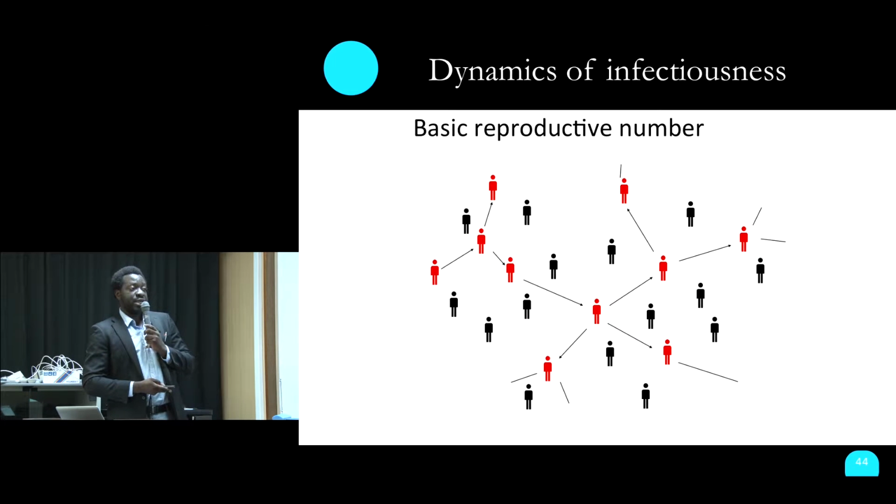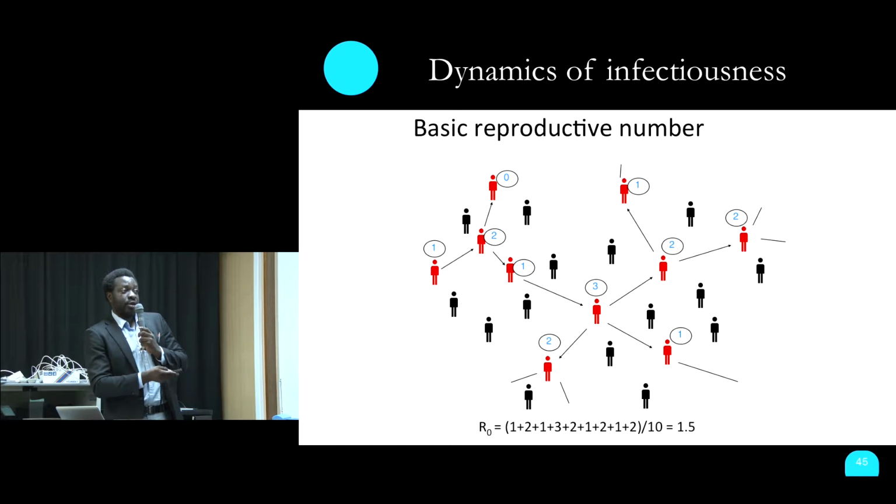How do we measure that? For example, here, let's assume that the primary case is this one. He could transmit infection to only one person, so he has transmitted to 1. Here, the secondary case could transmit to 2 people, so he has 2.